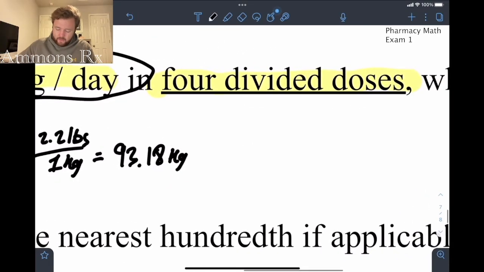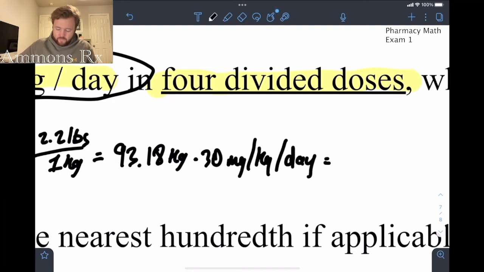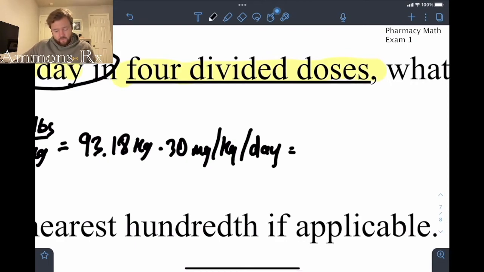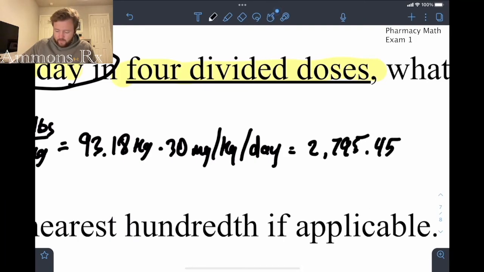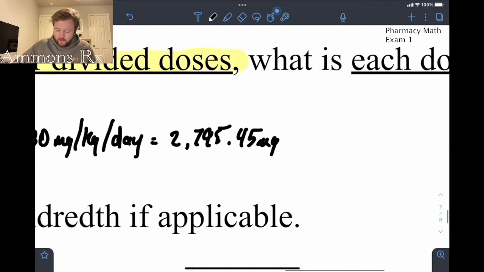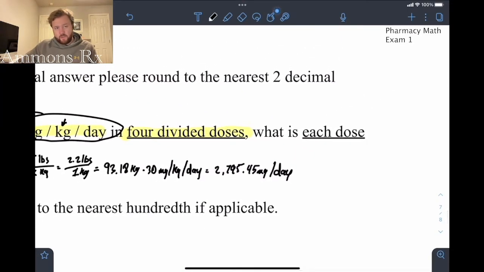They need 30 milligrams for every kilogram for every day. Does the patient just weigh 1 kilo? The answer is no. They weigh 93.18. So that means they will need 2,795.45 milligrams per day. Now, right there is where a lot of people get confused by this question because it says each dose, 4 divided doses.